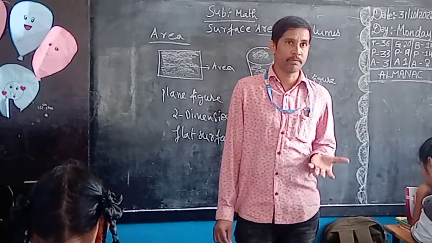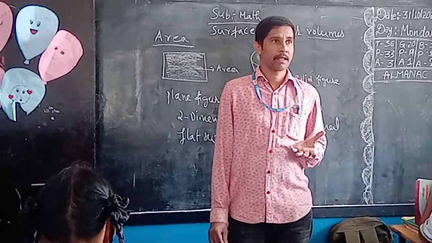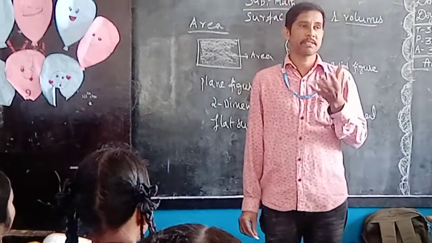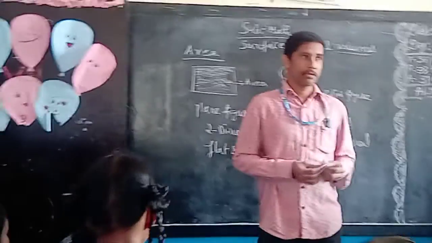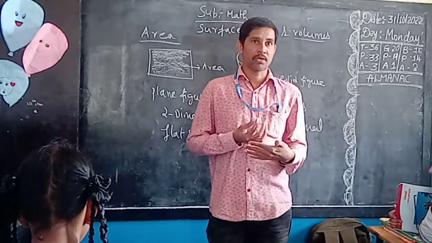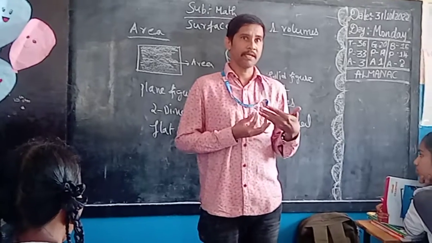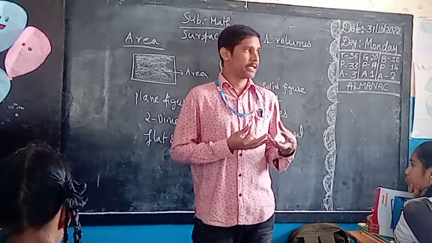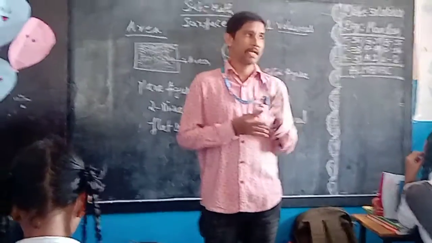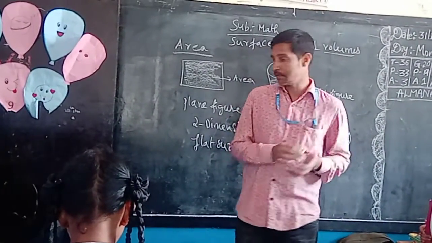If I take a cube, is a cube a solid figure? Yes. So I have to find the surface area and volume of the cube. So let us write what the plane figures and solid figures are. Later we will discuss how to find the areas and volumes, what is considered as area and what is considered as volume.